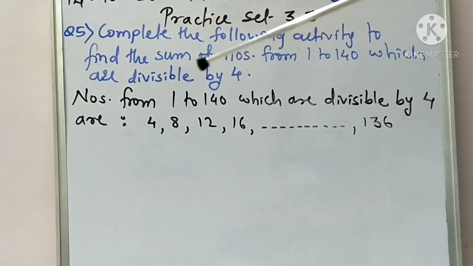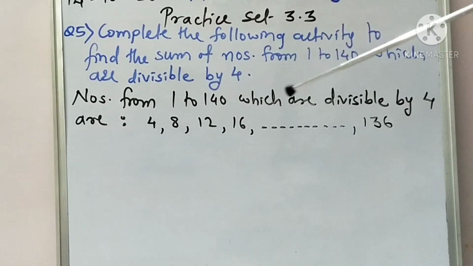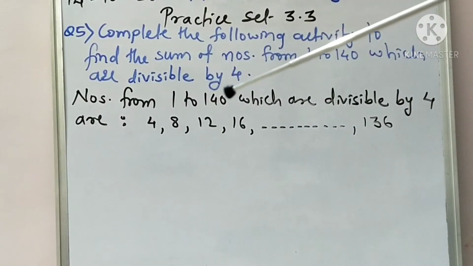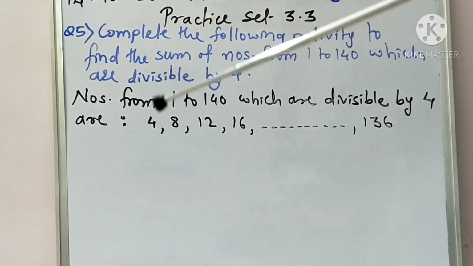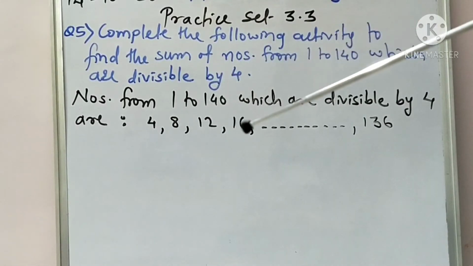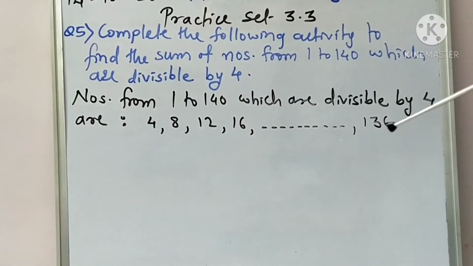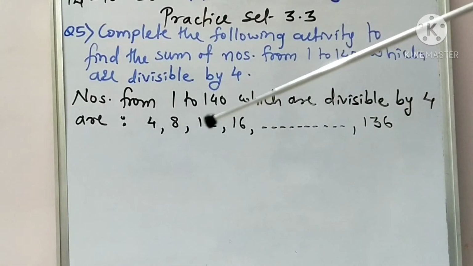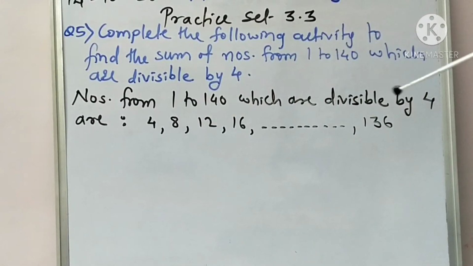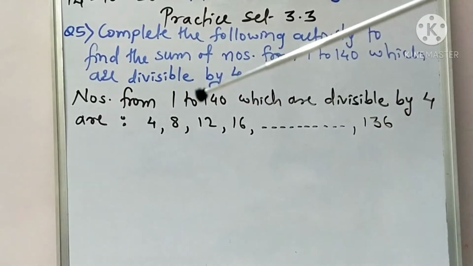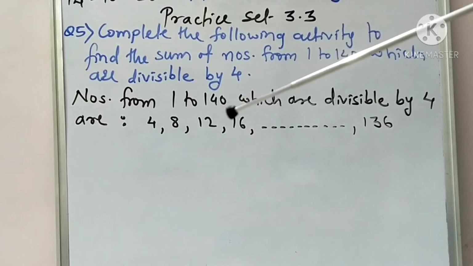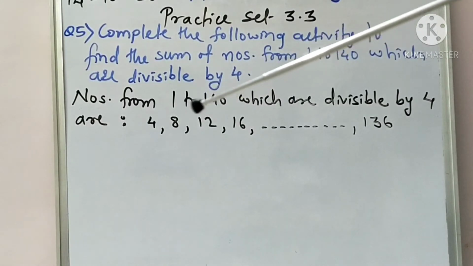So first we write down the list of numbers from 1 to 140 which are divisible by 4, and those numbers are 4, 8, 12, 16 up to 136. Okay, so what you notice here students, that 140 is divisible by 4, but we exclude that, त्या 140 ला आपण घेणार नाही, because from 1 to 140 means in between these numbers.